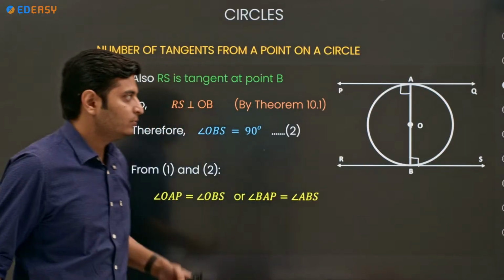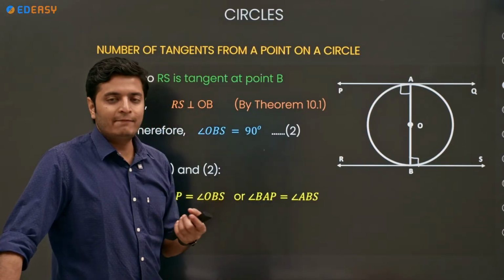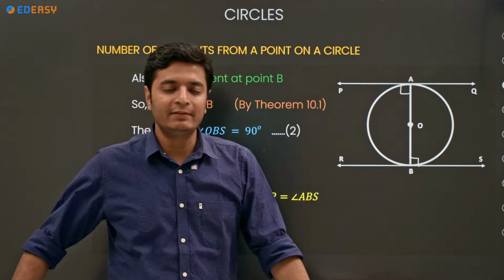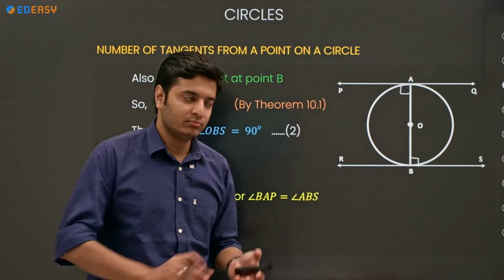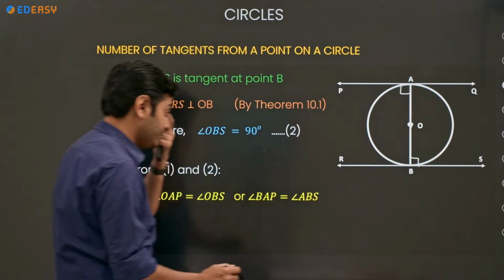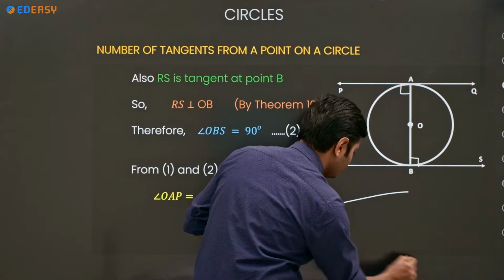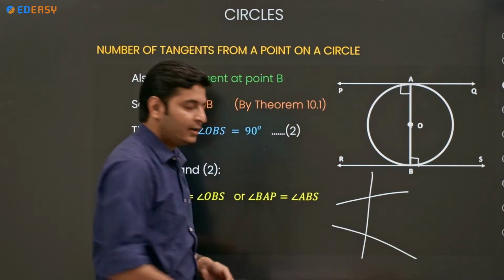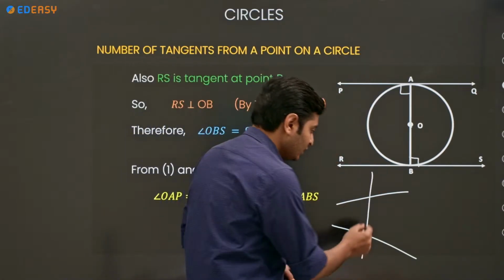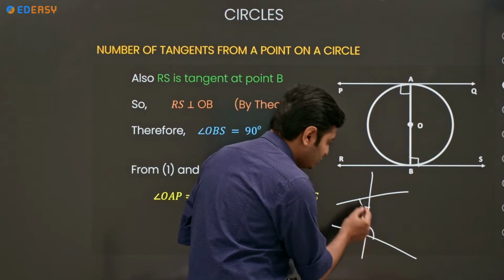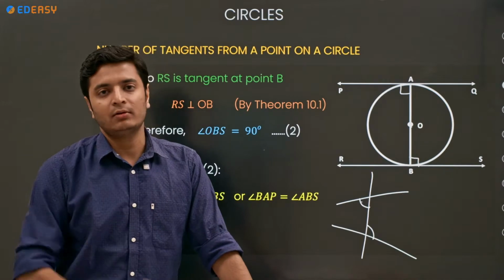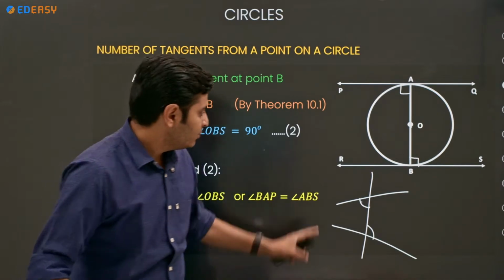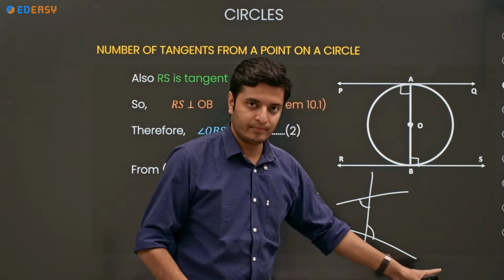Correct? Now, in a very special case, the values of alternate interior angles are equal. Let me describe this again. There are two lines like this, suppose, and a transversal is acting like this. Even though these two angles are alternate interior angles, they cannot be equal to each other. Why is that? Because the lines are not parallel.